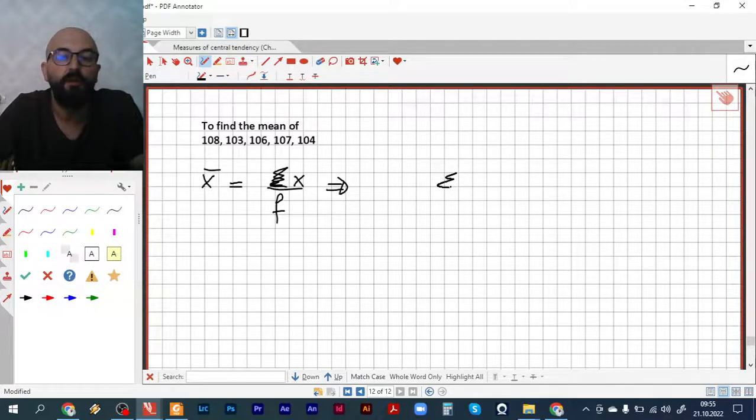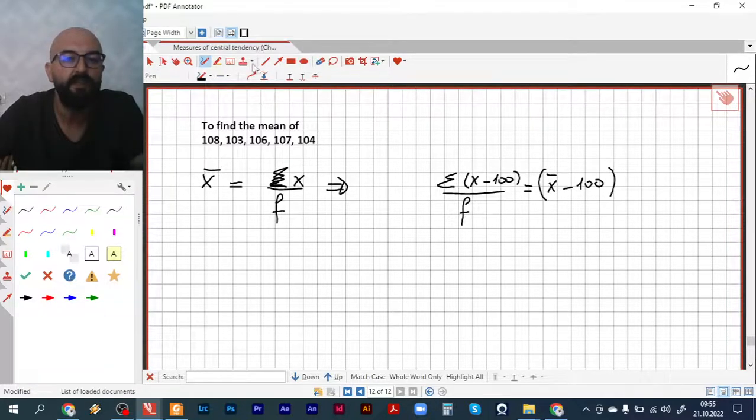So the sum of 100 less than all x over frequency. So we find the mean 100 less than the mean, and I want you to focus on this situation.